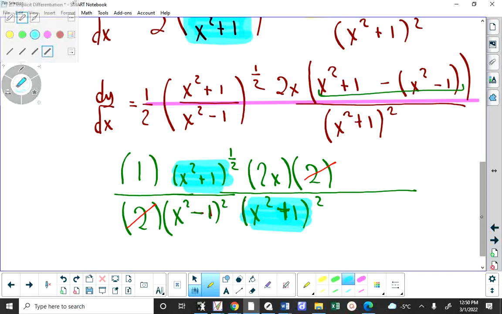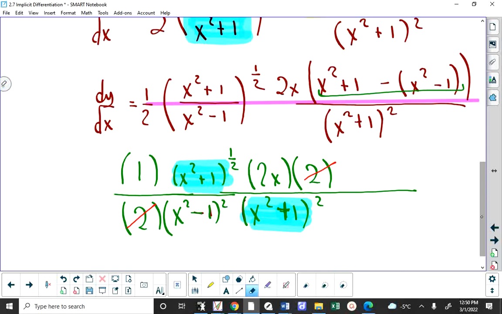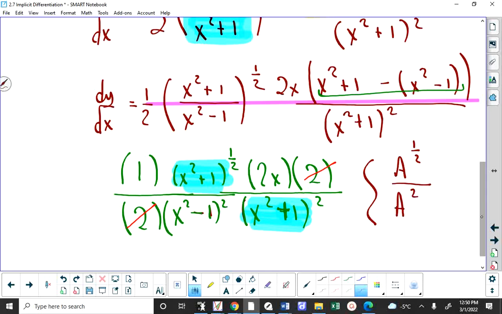So, we can make this simpler by saying, what if instead of that blue to the half over the blue to the 2, it were a to the half over a to the 2? Can we simplify that? Well, yeah. There's a number of ways to do it. I'm just curious, by a show of hands, how many of you think of this in terms of canceling and getting a to the 3 halves on the bottom? So you're saying that I can get rid of an exponent of a half on the top and the bottom.